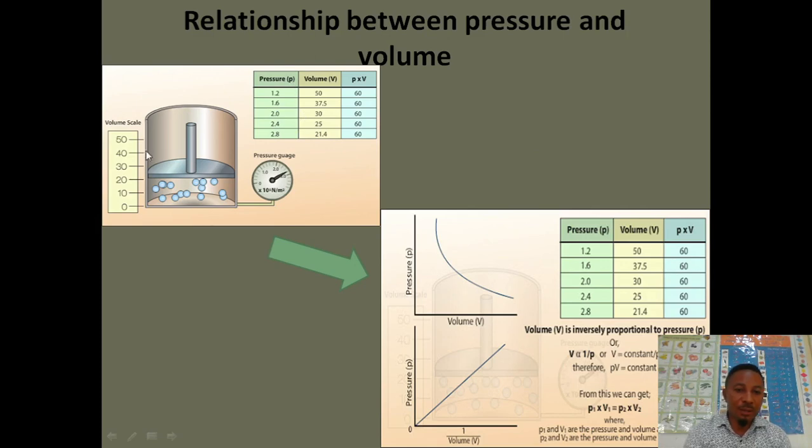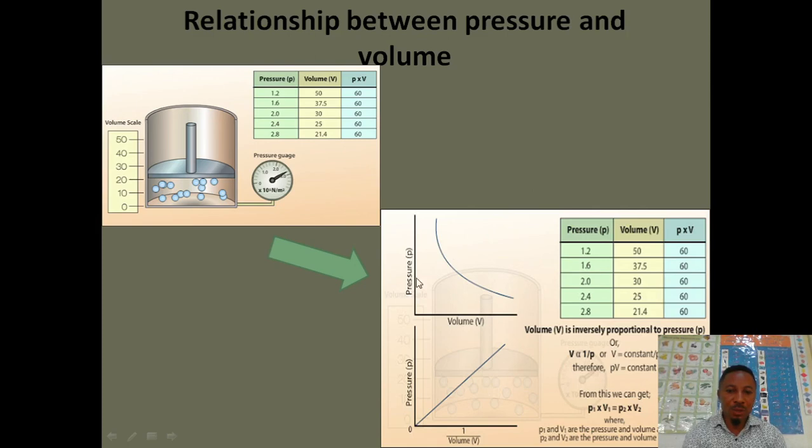So when you perform this experiment, and you take these readings, and you plot the graph of pressure against volume, you're going to get a graph like this, a curved graph. That means any time you see a curved graph like this, the relationship between the two quantities, the dependent one and the independent one, is inverse proportion.